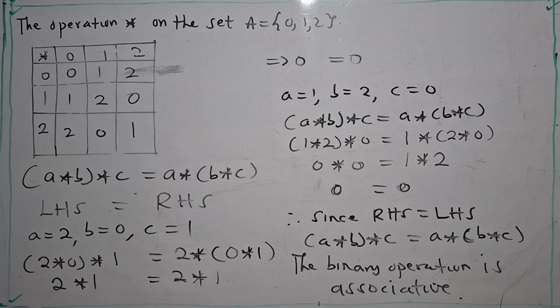And this is how we solve it. I know I've taken my time. You are going to get it. You can pause the video, then solve and see if you get the same answer as I've gotten. So this is how we prove the associative property on binary operation.